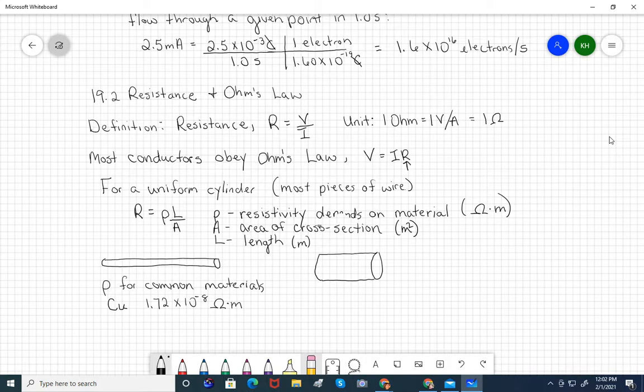Silver, which is also a very good conductor but much more expensive, has even less, 1.47 times 10 to the negative 8 ohm meters.